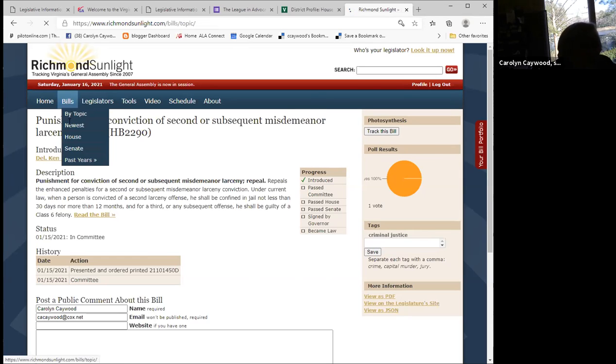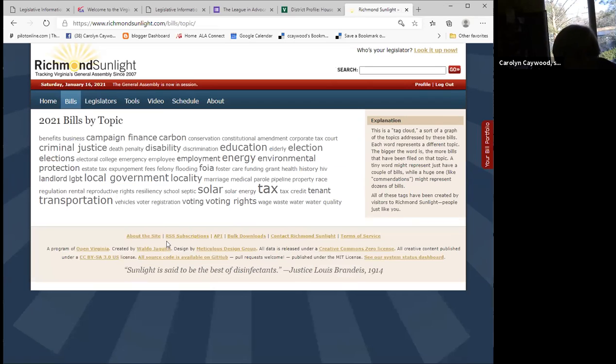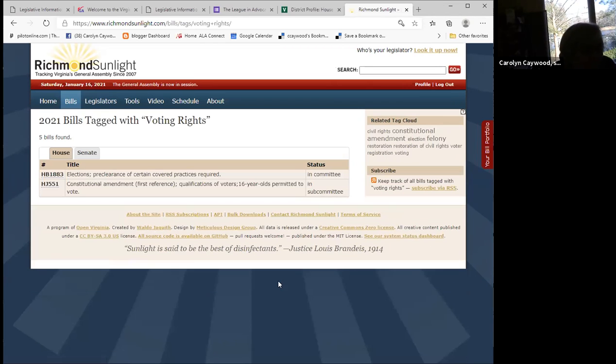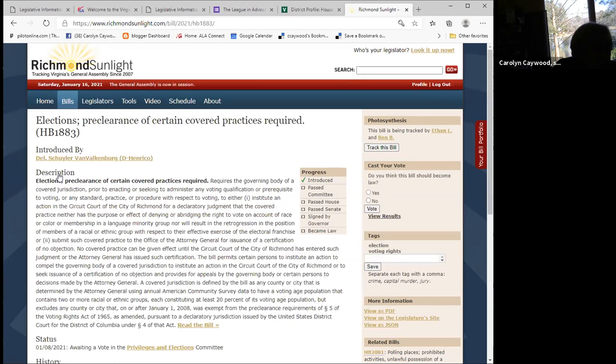So I think you'll find that it is much easier to locate bills here. So here's the pre-clearance bill that the League of Women Voters is promoting. Now I want to track it too.